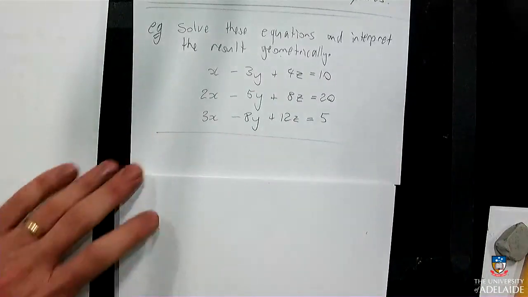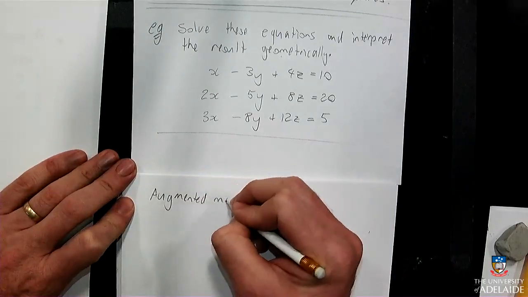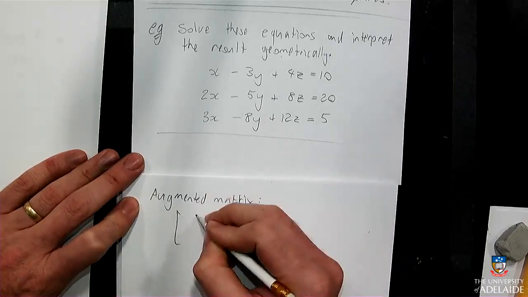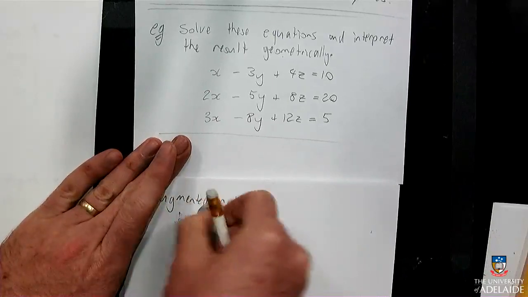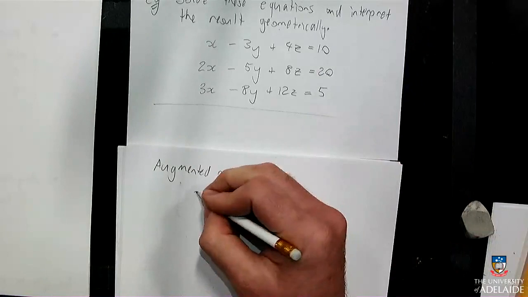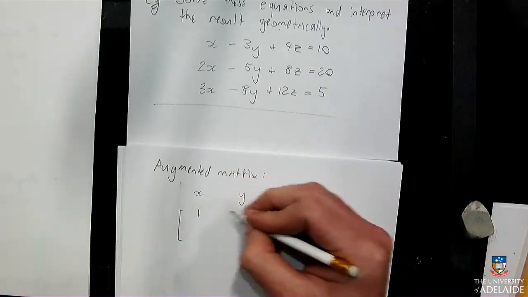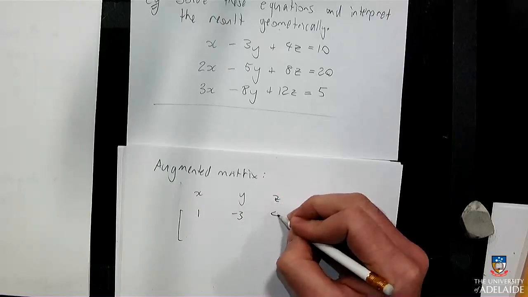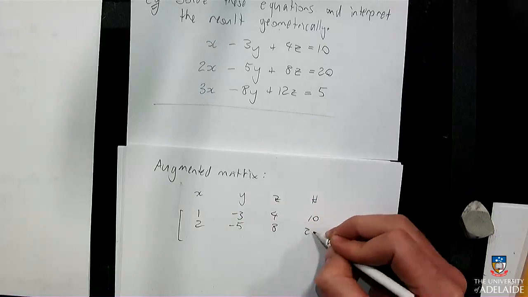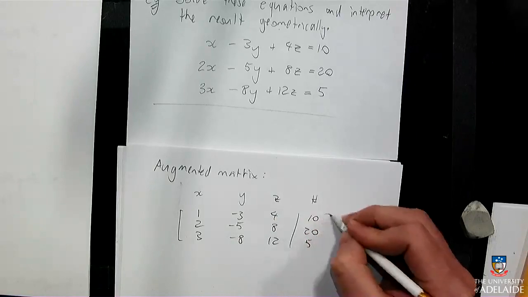So let's see. We'll set up an augmented matrix. There's going to be an x, a y, a z, and then a number. So we have 1, -3, 4, 10; 2, -5, 8, 20; 3, -8, 12, 5.